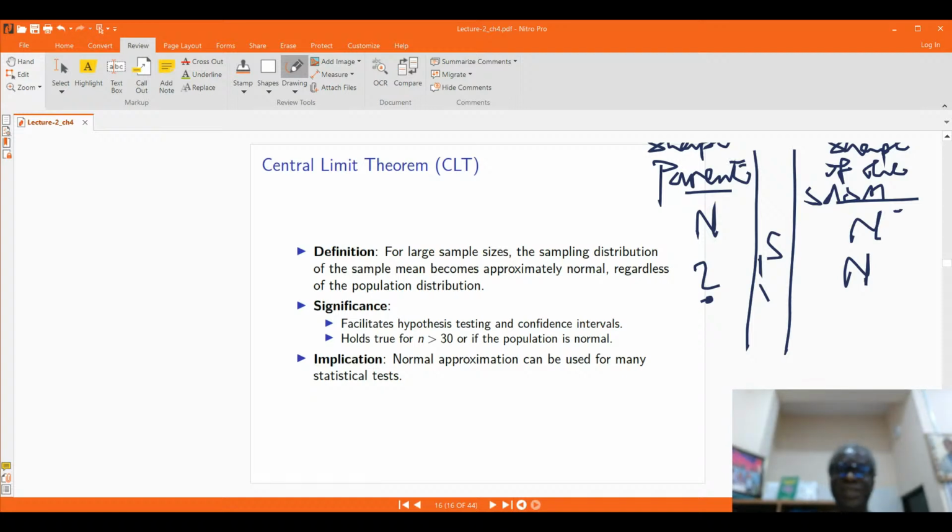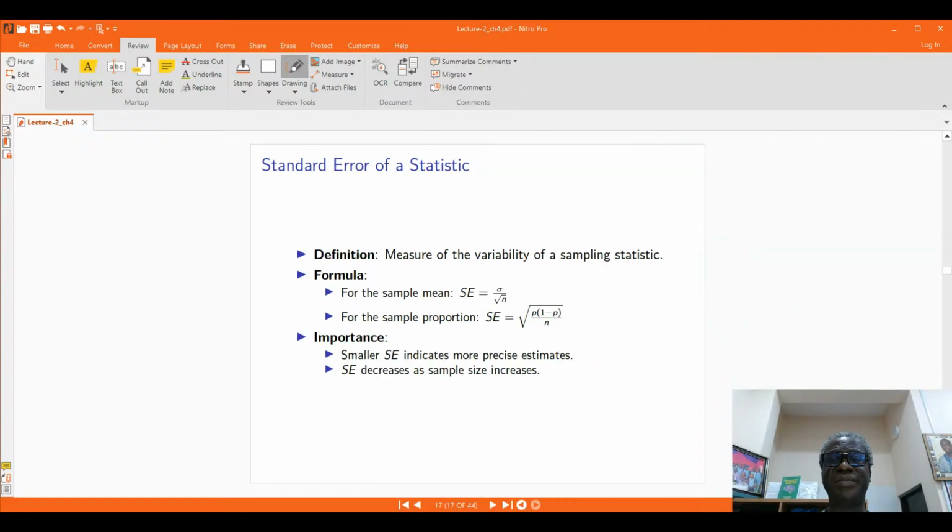So this approximation is what we call normal approximation, and it is used in many statistical tests. So we've talked about the measure of the variability of sampling statistics.